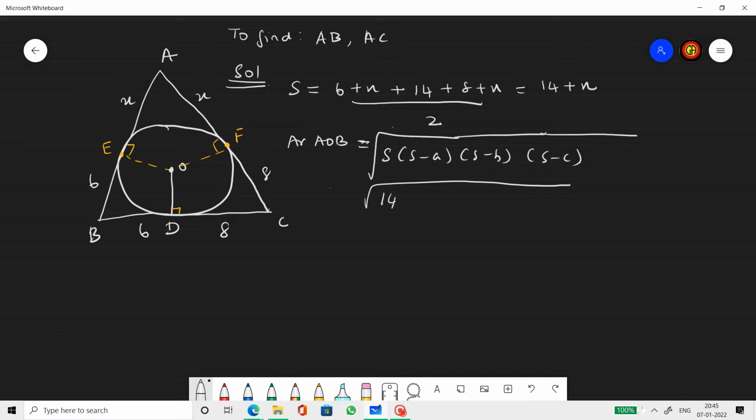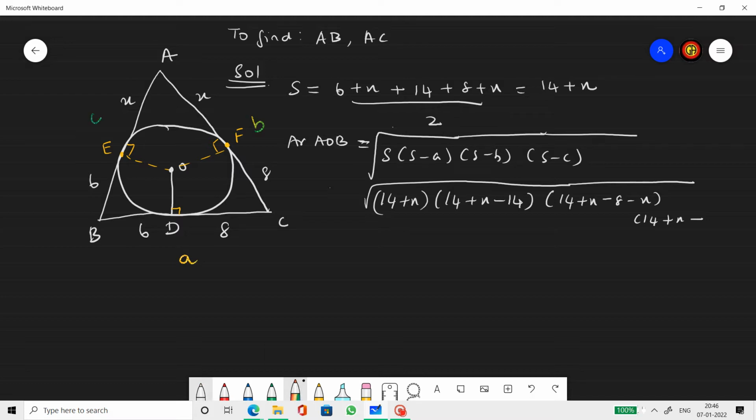So we get 14 plus X into 14 plus X minus A, and I'm considering this as A, which is 14 centimeter. So minus 14. And then S minus B, which is 14 plus X minus B, and I'm going to take this as B, which is 8 plus X. So minus 8 minus X. And then the third one is 14 plus X minus the next side, which I'm going to take as C, which is 6 plus X.